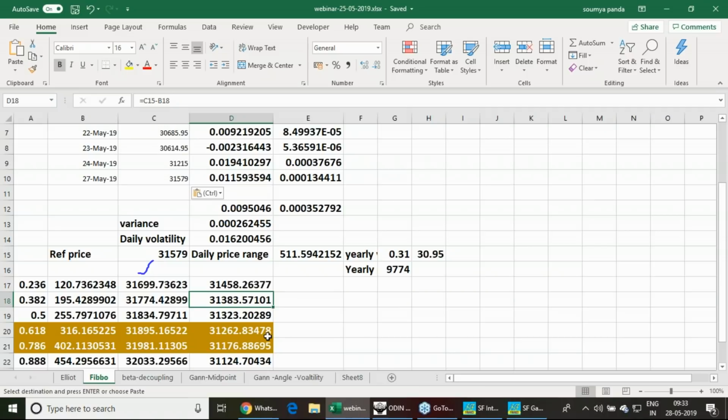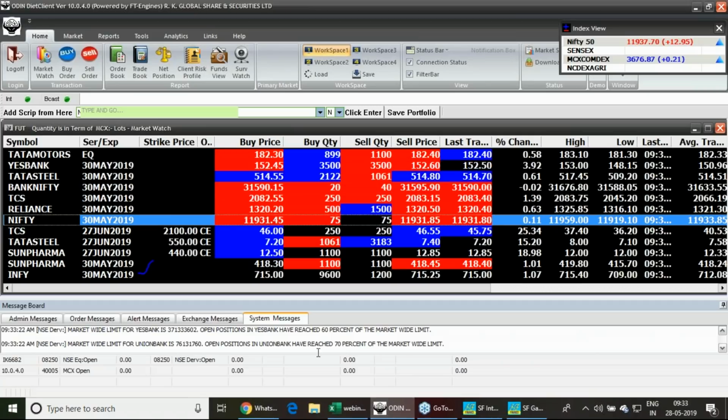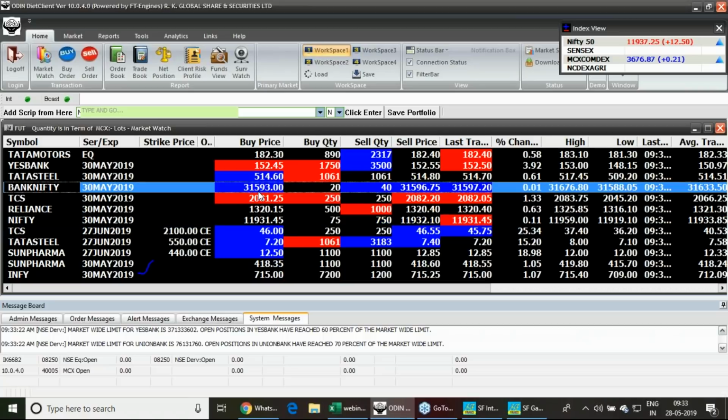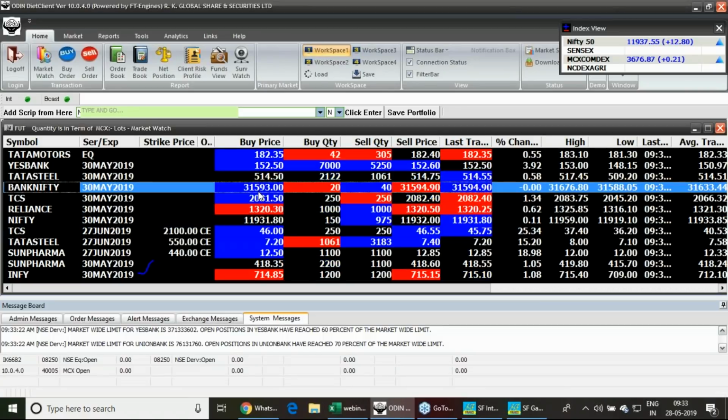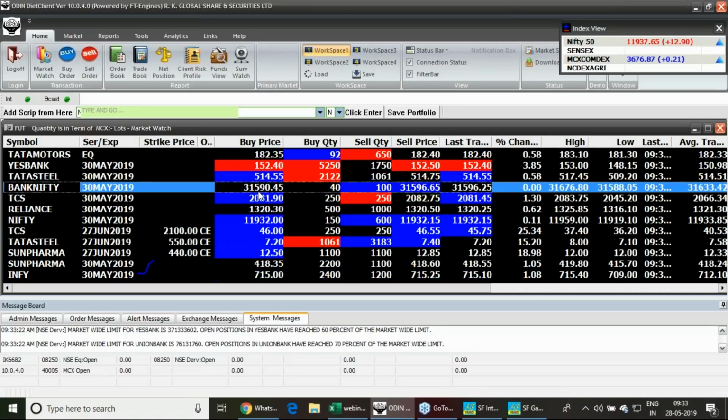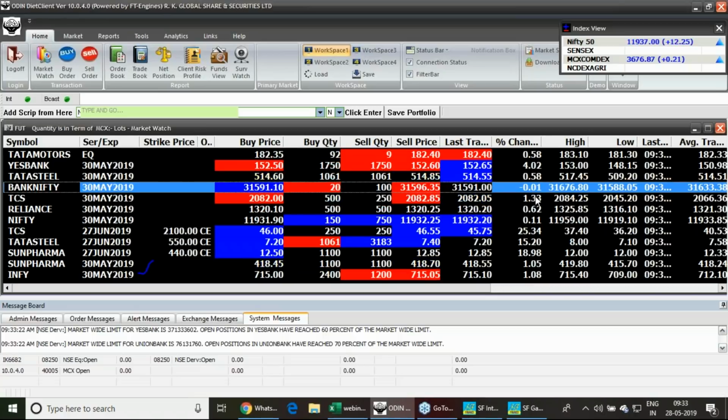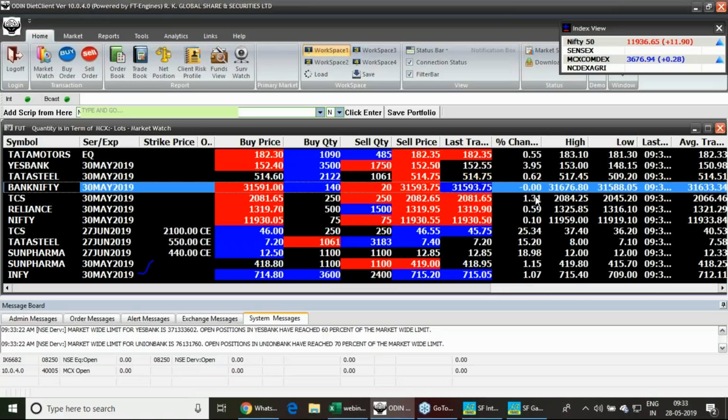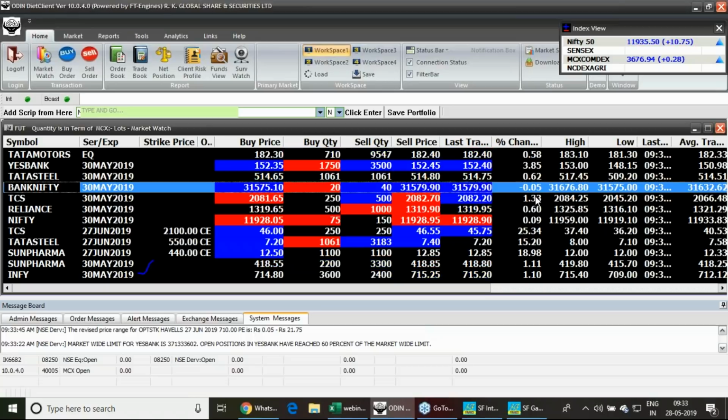So if you are buying, buy above 31,774, and sell below 31,383. Now it is trading at 31,590. Whatever happened till 9:30 is non-material for us. It has made a high, made a low, all these things happen.